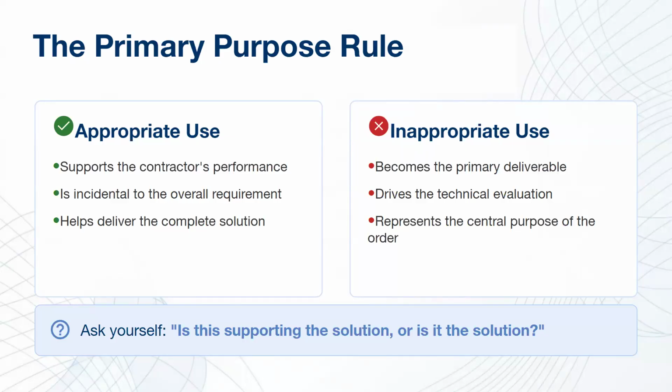Now, if you reverse that situation, suppose the government's real objective is purchasing the software licenses, and the cybersecurity services become a relatively minor part of the order. At that point, the OLMs have effectively become the acquisition itself, which is not what the OLM authority was designed to accomplish. It's a simple question, but it's a useful way to evaluate whether the OLMs are being used as intended.